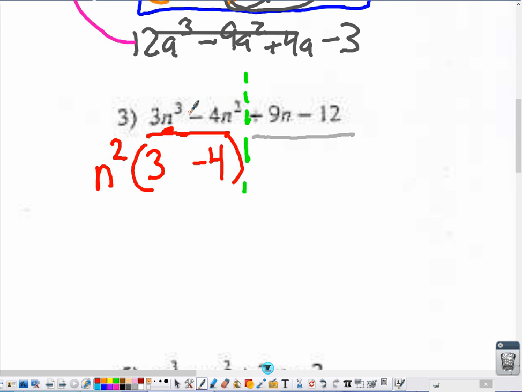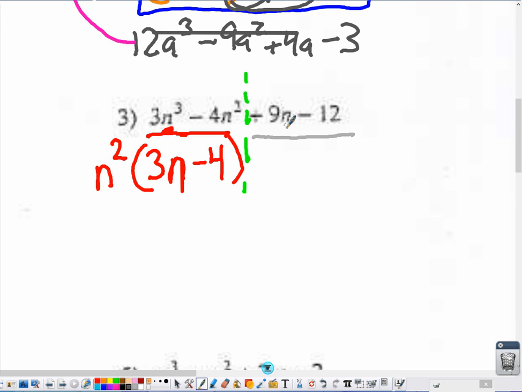If I remove 2 n's from the first, I have 1 n left over. If I remove 2 n's from the second, I have no n's left over. So the first group factors to n squared times 3n minus 4.